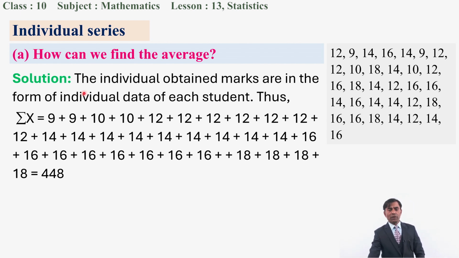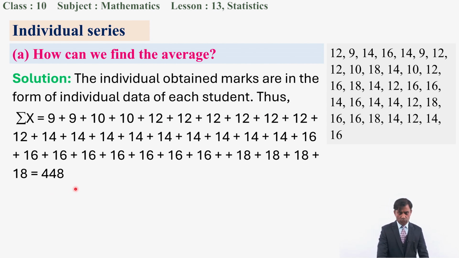This is equal to 9 plus 9 plus 10 plus 10, repeated 2 times. 9 is obtained by 2 students, 10 obtained by 2 students, and 12 obtained by how many students here? 2, 3, 4, 5, 6, 7. 7 students obtained 12 marks. Similarly, 14 marks obtained by how many students? 1, 2, 3, 4, 5, 6, 7, 8, 9. 9 students obtained 14 marks. So all these marks adding, the total sum is 448.